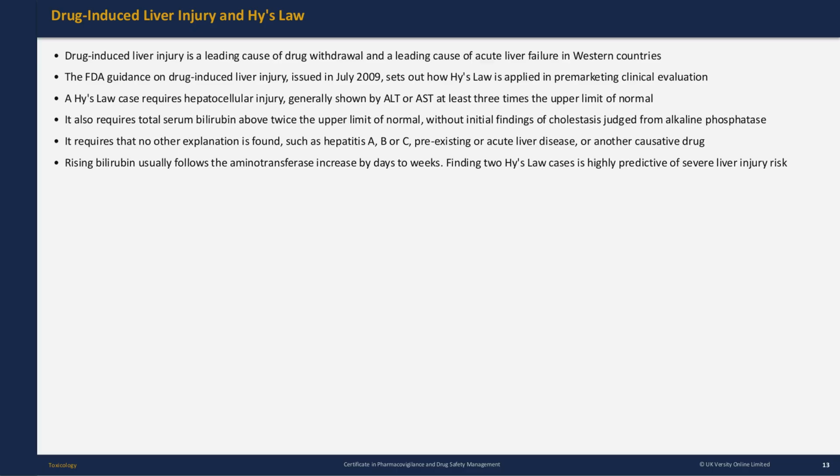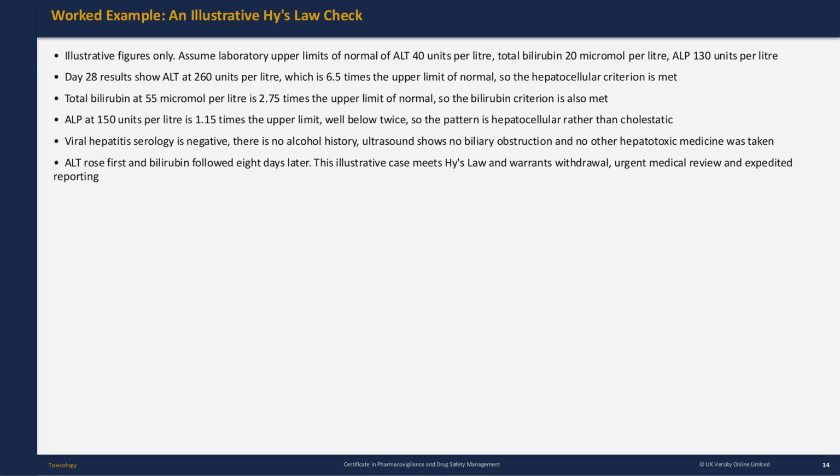Worked example: an illustrative Hy's law check. Illustrative figures only. Assume laboratory upper limits of normal of ALT 40 units per litre, total bilirubin 20 micromole per litre, ALP 130 units per litre. Day 28 results show ALT at 260 units per litre, which is 6.5 times the upper limit of normal, so the hepatocellular criterion is met.